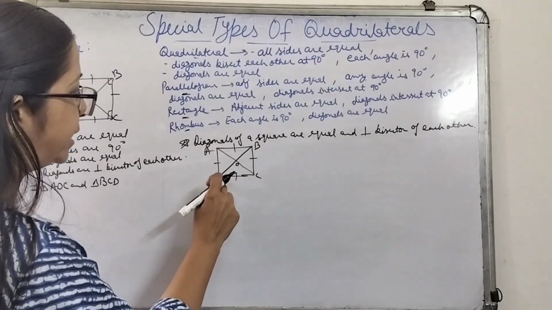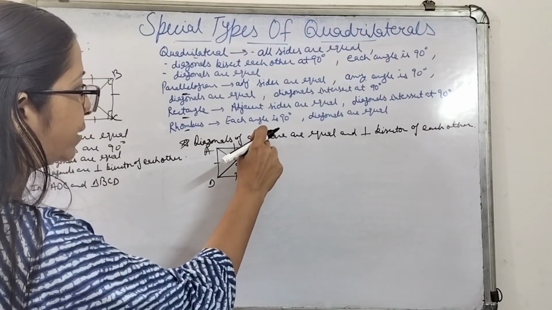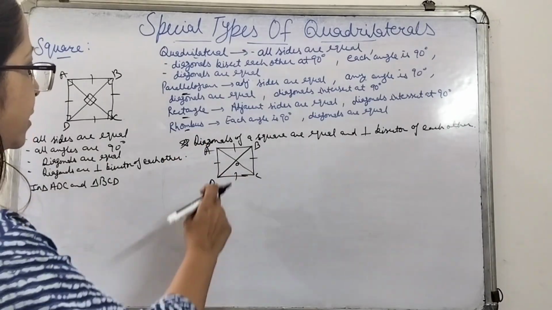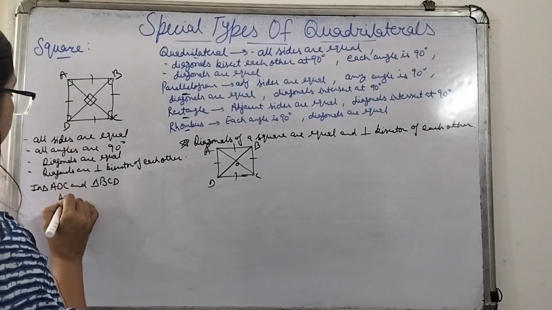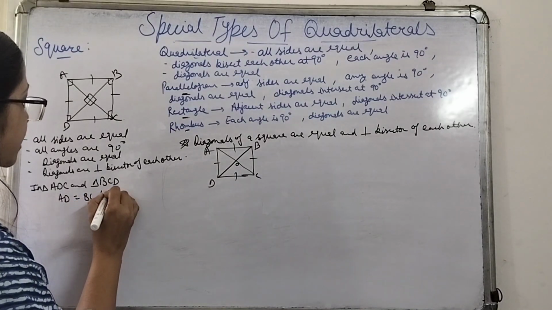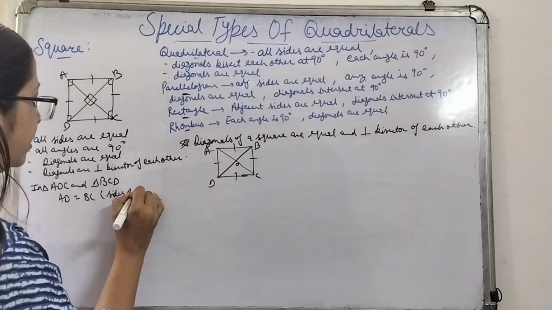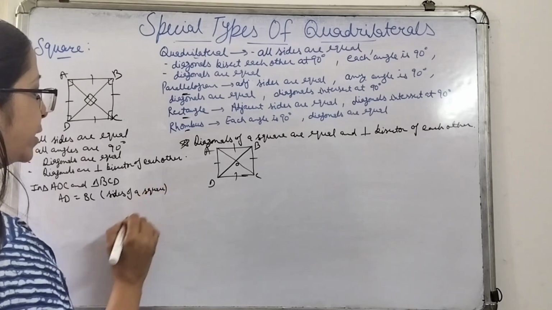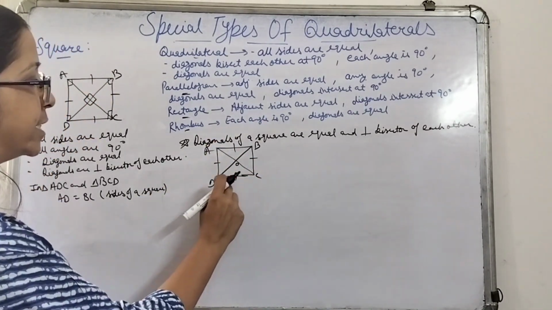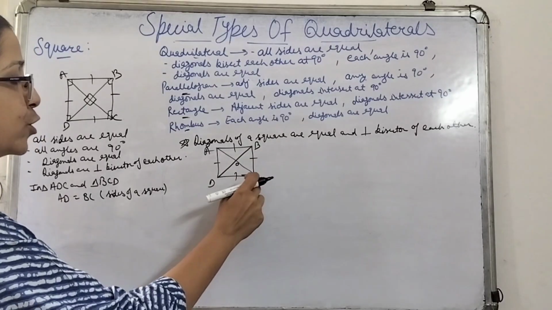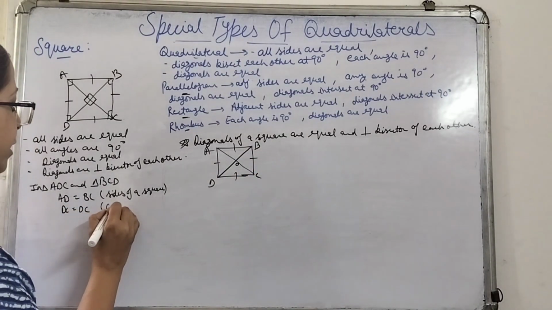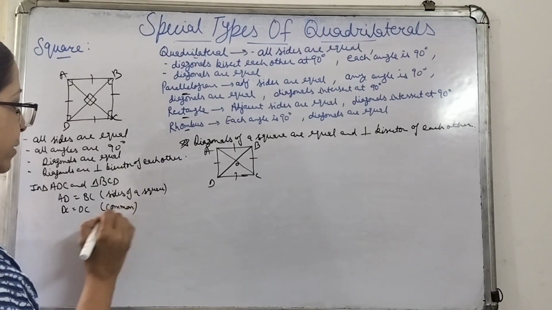In these two triangles, AD is equal to BC because they are sides of a square, and all the four sides of a square are equal. In triangle ADC, DC is there. In triangle BCD also DC is there. So DC is equal to DC. It is common for both triangles.